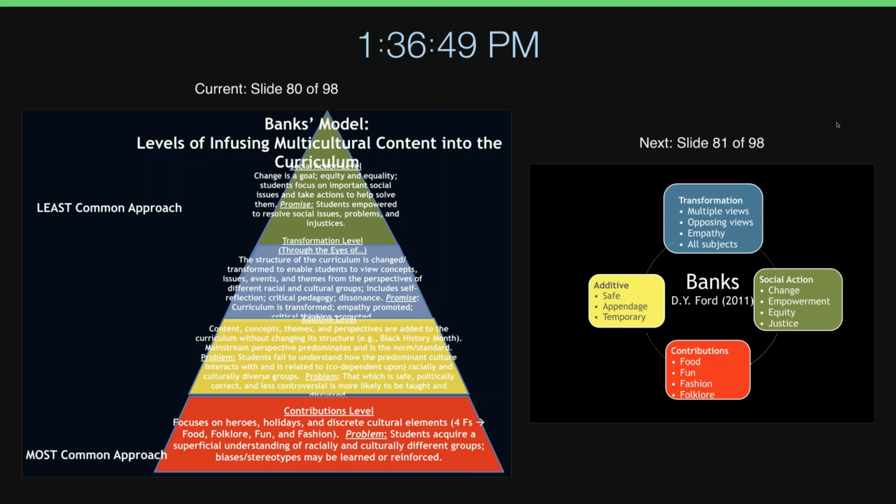So specifically, this is where the curriculum is now transformed. It has changed to enable all students to view concepts, issues, themes, events from different perspectives through the eyes of.